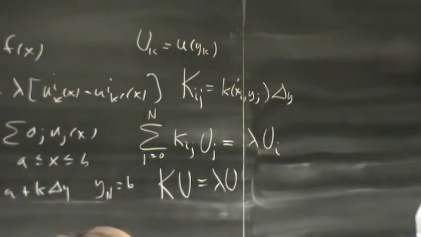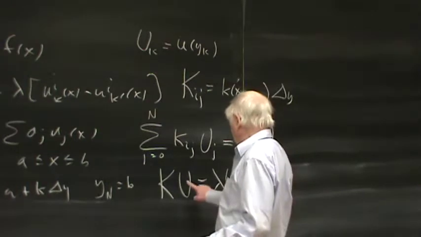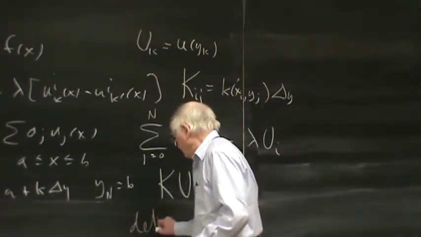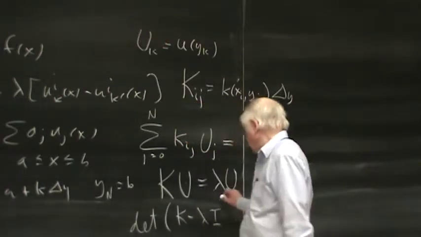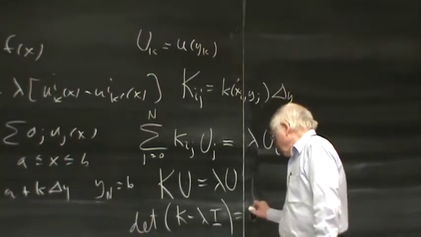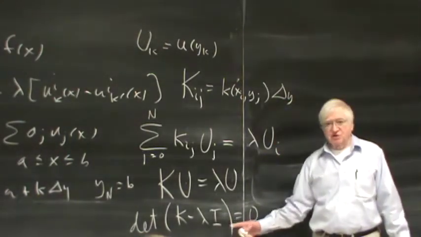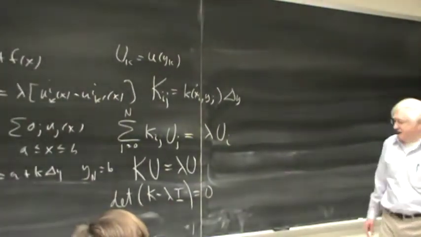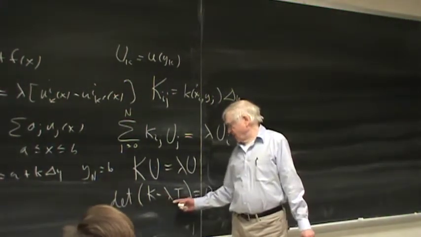And we learned in section 26 of chapter 1 that these things have solutions. There's a u that does this if and only if the determinant of K minus lambda times the identity, n by n identity, equals 0. What you do is you ask your computer to solve this equation.